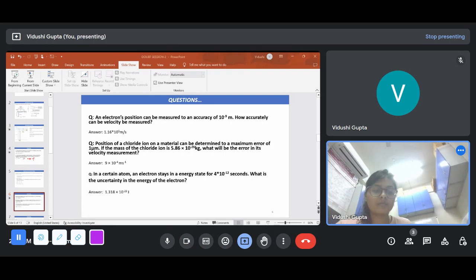So it will be like a determinant with rows i cap j cap k cap, x y z, and Px Py Pz.